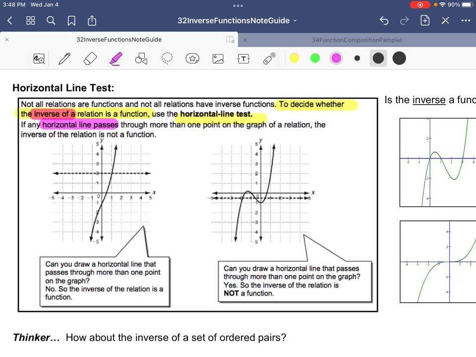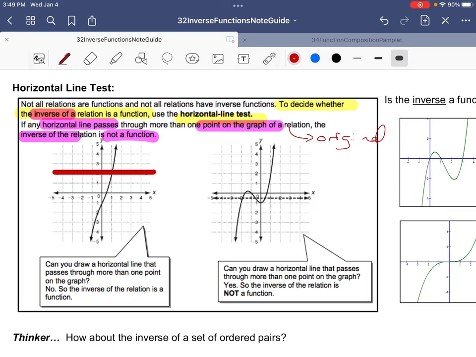If a horizontal line passes through one or more points of the original graph, you see, this is the whole point to this. You do your test on the original graph. Then the inverse is not a function. You see, it's a test that you apply to the original graph so that you know what's going to happen with the inverse graph.